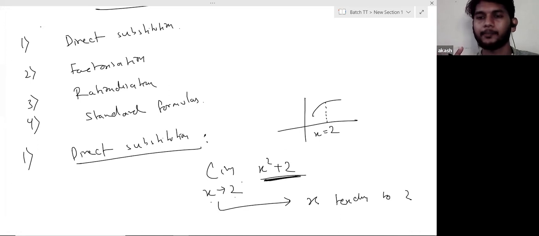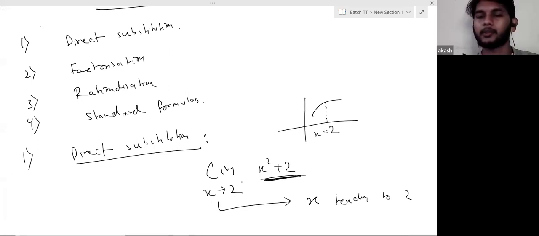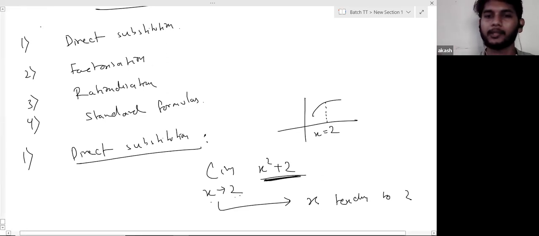All right, is this clear what I'm saying? So the first step whenever you evaluate a limit question is to put the value directly. That is called direct substitution, and see if the value comes out as infinite or a good normal value. If you put x equals 2 here, you will get 2 square, 4, 4 plus 2, 6.